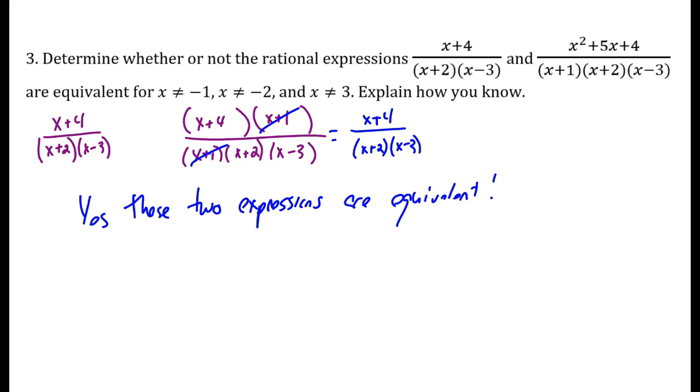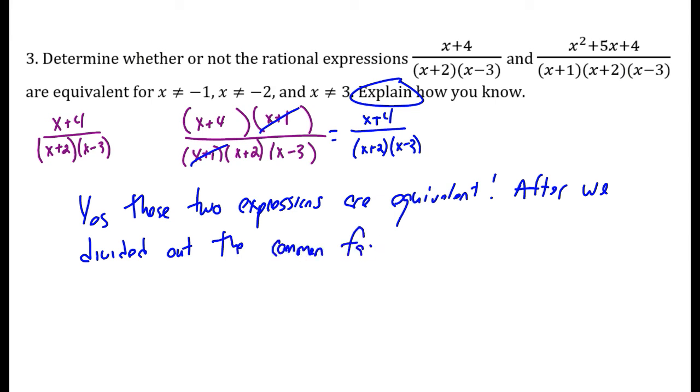Why? Because it says explain how you know. After we divided out the common factors, the expressions were the same.